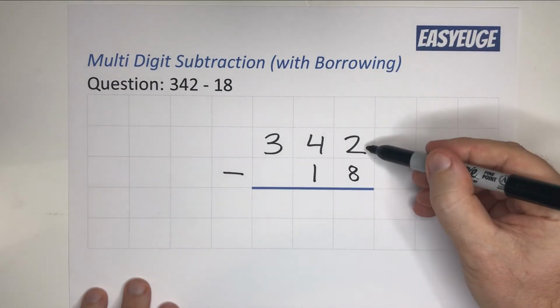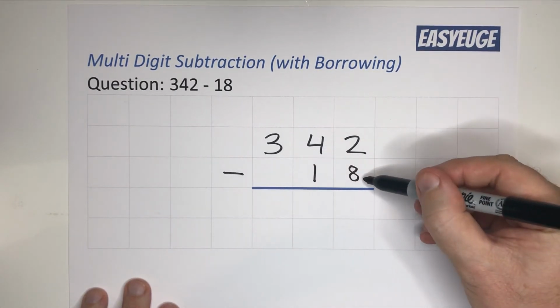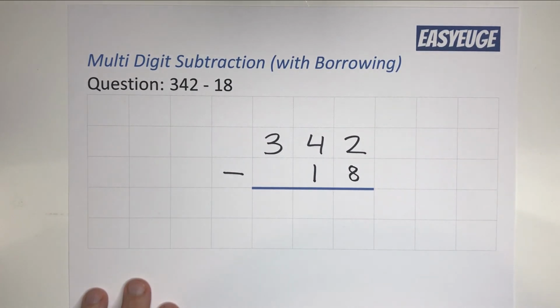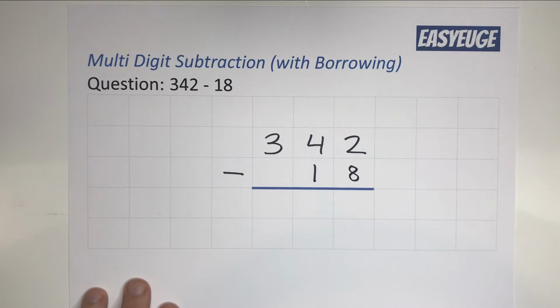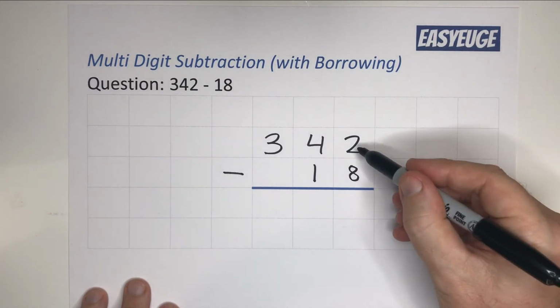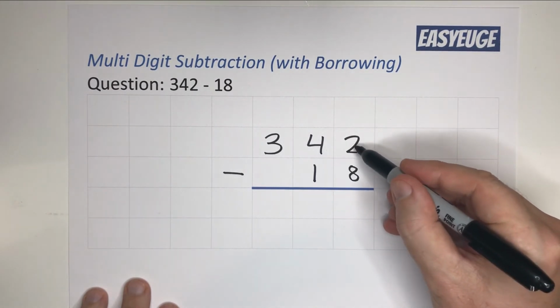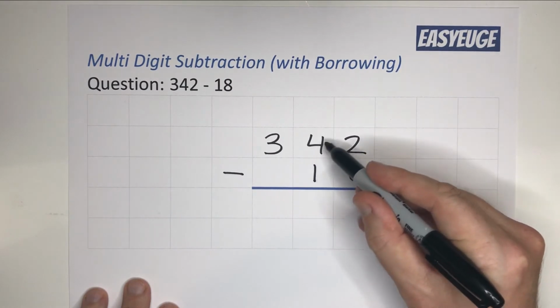Okay, 2 subtract 8. Whoa, here we go again. 2 does not have enough in it to take away 8. So what are we going to do? Let's go to the neighbour. Let's move over a column and we'll borrow 1 again.